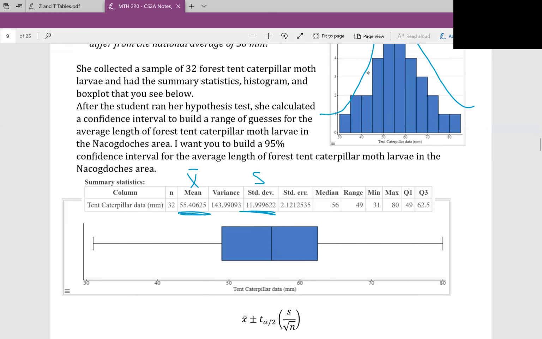So here I am, X bar plus or minus my table value times S divided by the square root of N. We have X bar, we have S, we have N, and now we just need our table value. So I'm going to draw my little picture here off to the side. Okay, and we want a 95% confidence interval.